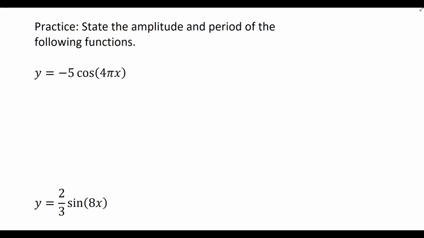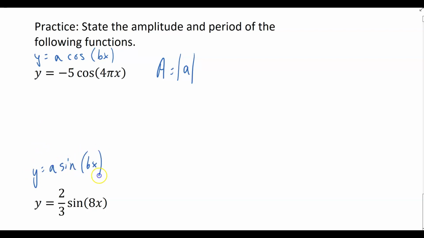All right, so amplitude is the absolute value of A. The y equals A cos BX, and y equals A sine BX are our general formulas, right? So the absolute value of -5, which is 5, for the amplitude.